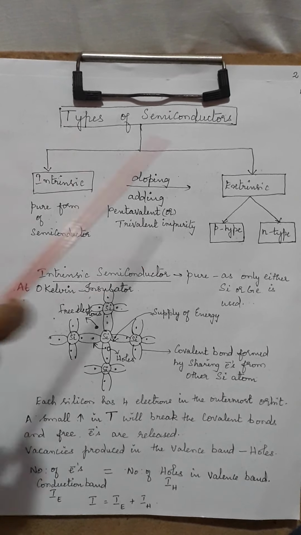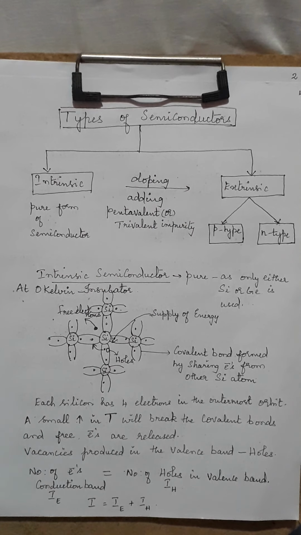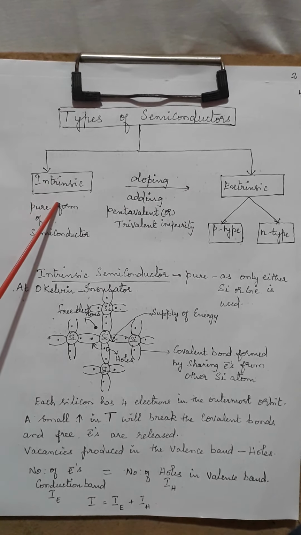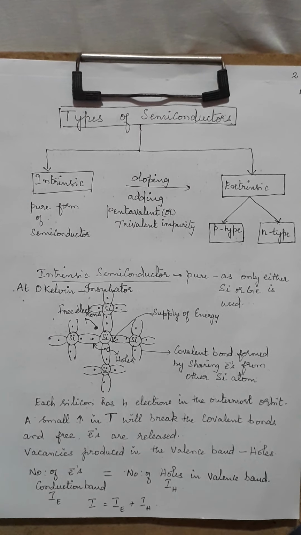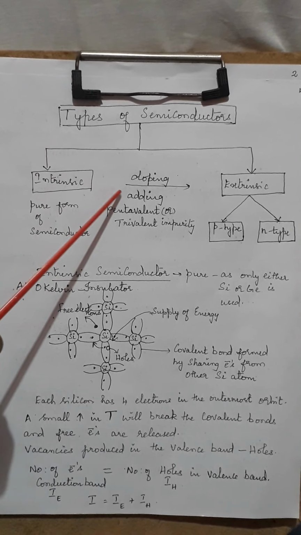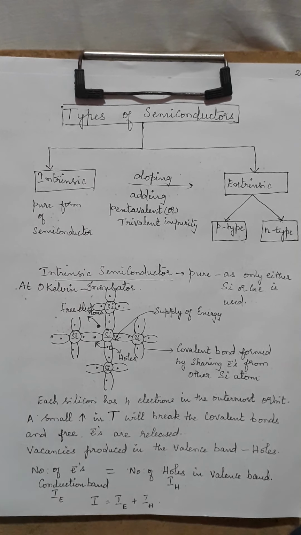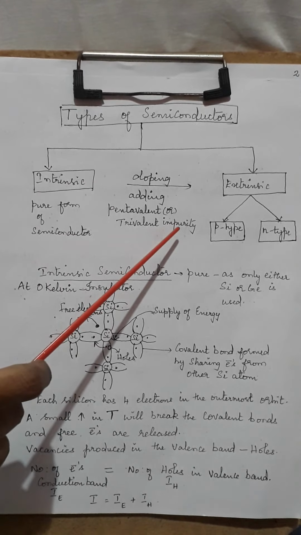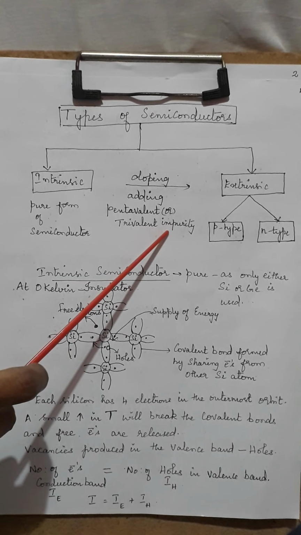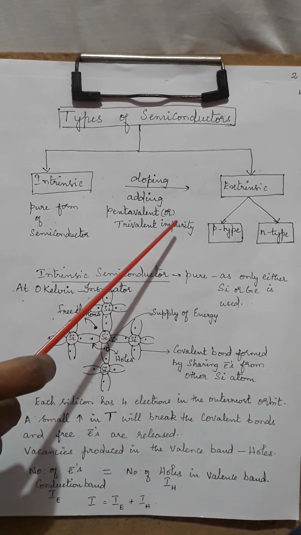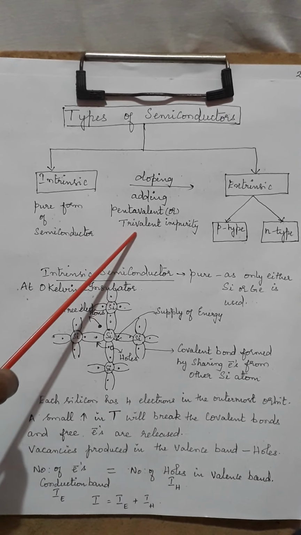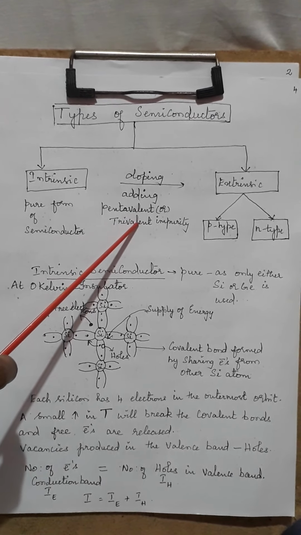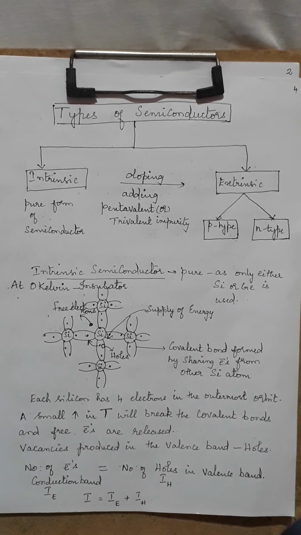Okay. Extrinsic semiconductors. An intrinsic semiconductor is turned into an extrinsic semiconductor by adding some impurity. Impurity doesn't mean that I have added some impure material. It is where I have added some other atom into it. That is what is called impurities.